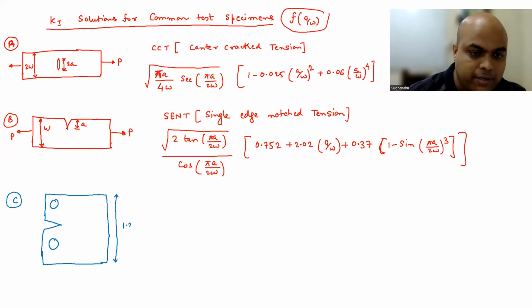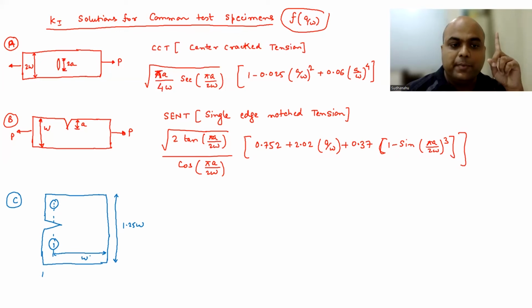This is 1.25 W, and the W will be measured from the center of the pin. So this is the center. So this is W. Okay, not from the edge. It will be measured from the center of the pin.